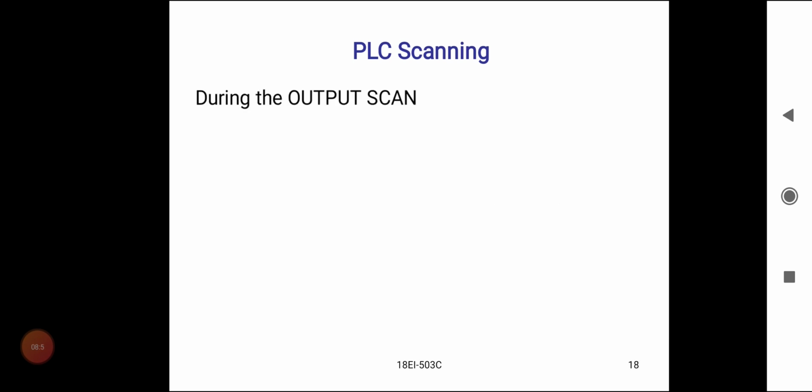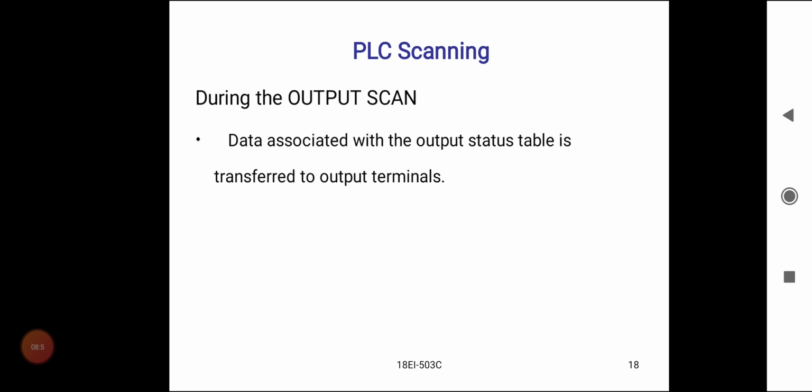During the output scan, data associated with the output status table is transferred to the output terminals.